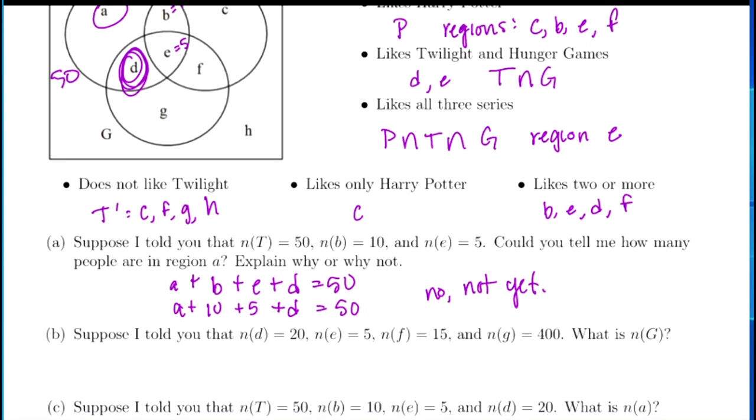Okay, so then in part B, suppose I told you that the number of fans in D was 20, E is 5, and F is 15. And then the number in little g is 400. Let's erase this stuff.